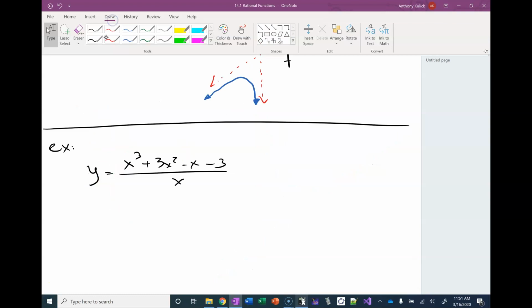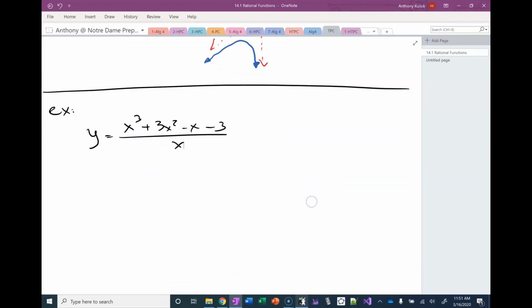Okay, and our last example. Obviously, I can see that there's going to be no reducing that can happen because I just have a plain old x in the denominator and there's not an x in every term in the numerator. So I'm not going to even bother with the factoring part. So my vertical asymptote is just going to be the denominator set equal to 0.